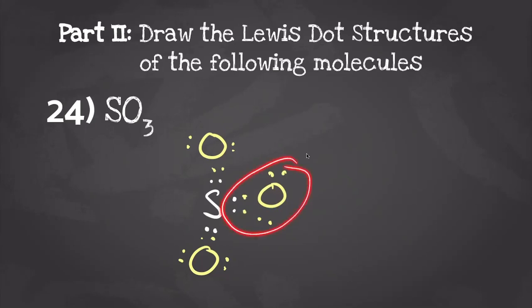Each oxygen is going to have 8 electrons, and sulfur is perfectly fine with having more than 8. In this case, it's going to have a total of 12. So these extra 4 are going to go in the d orbital. This is one of the special cases, but there is a lot more than this. And that's part of our next section.